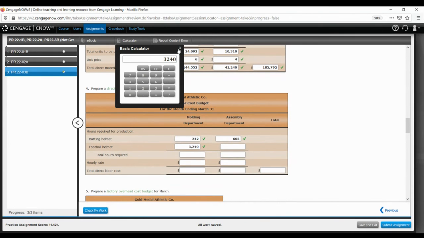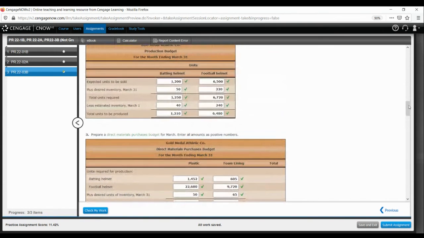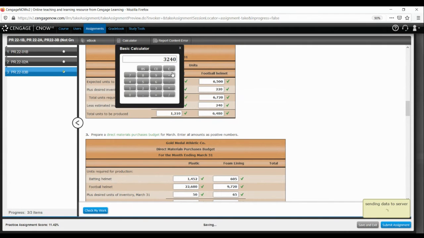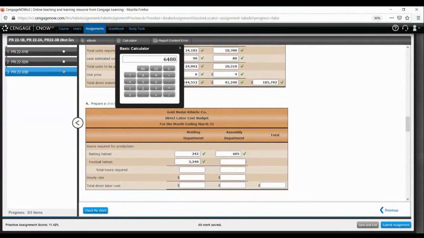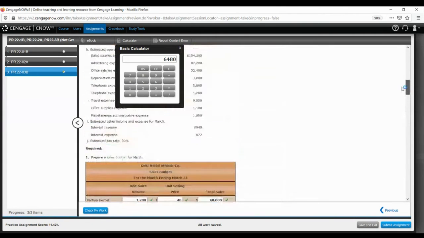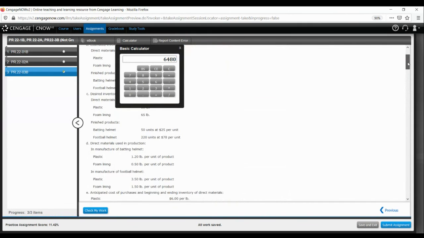The football helmets, again, the amount comes from the production department. The amount is 6480. Those are the football helmets that we're going to produce. We are looking for the assembly department's time it takes to produce one football helmet.